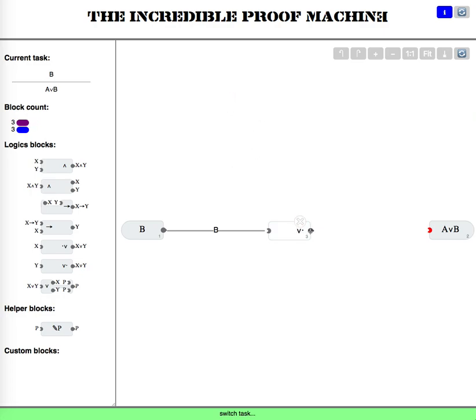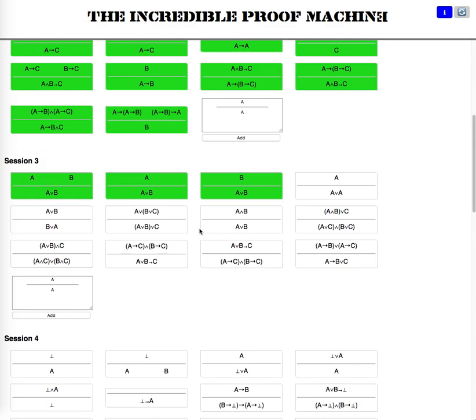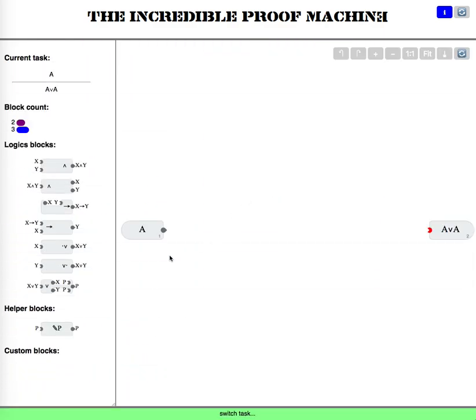This is just proving an OR. So if B is true, then that means A or B is true, is basically all it's saying. This is saying if you have A, then A or A is true. So I could actually use either of these blocks and it would work, because all you need is one side to be true.